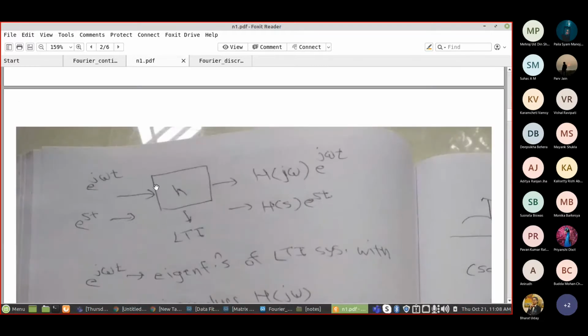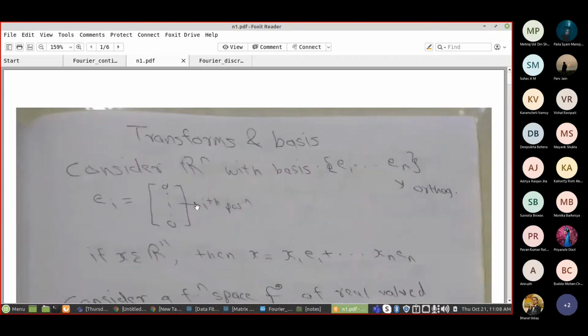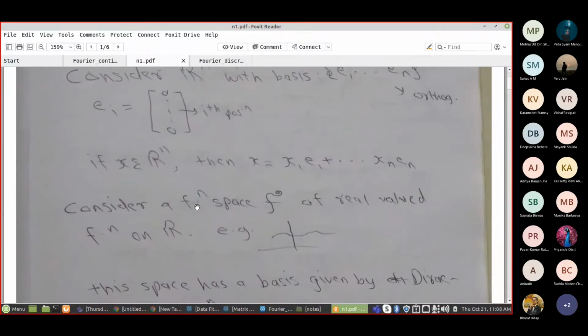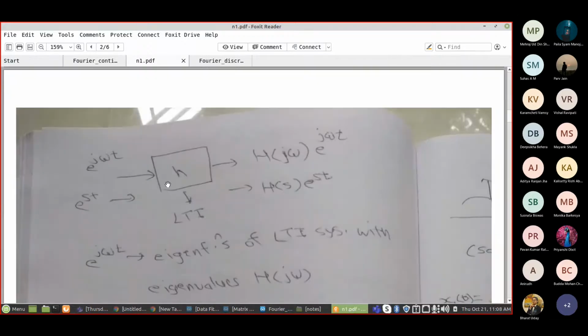Okay, so previously we looked at signals and their Fourier transforms and how they are related to the change of basis. Now we are looking at systems and the interpretation of the Fourier transform of a system. Because these serve as eigenfunctions, you diagonalize your system by changing your basis from Dirac delta to this.